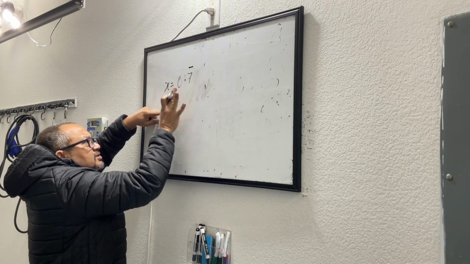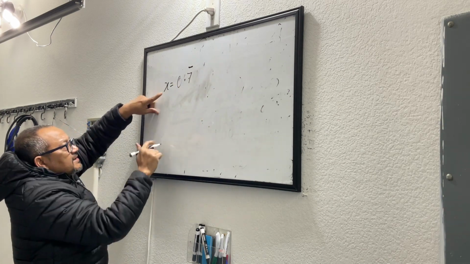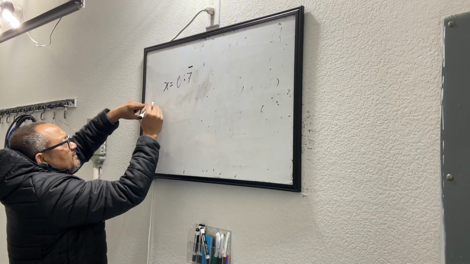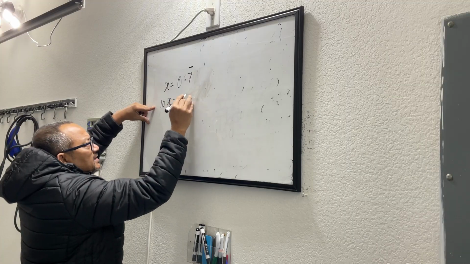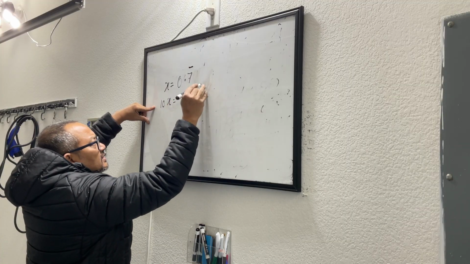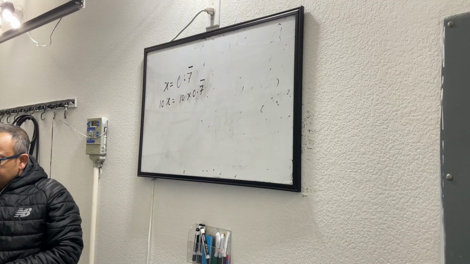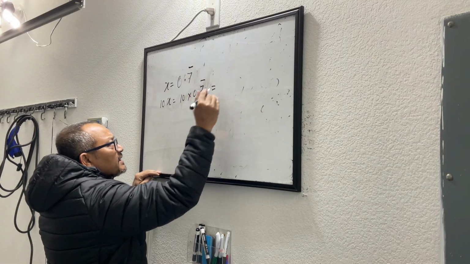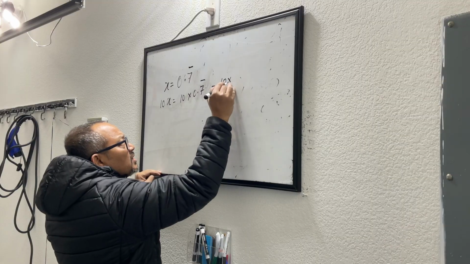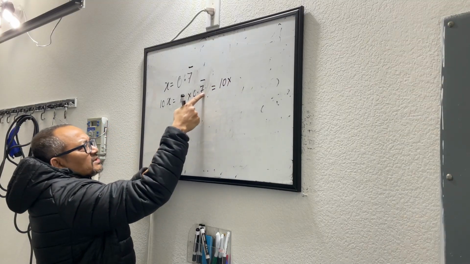We can also write this as, if x is equal to this, if I multiply x by 10, what will happen? Or I can say 10 into 0.7 and then one more 7.